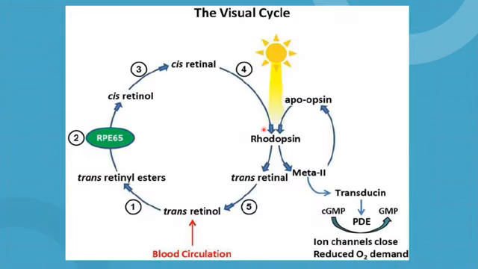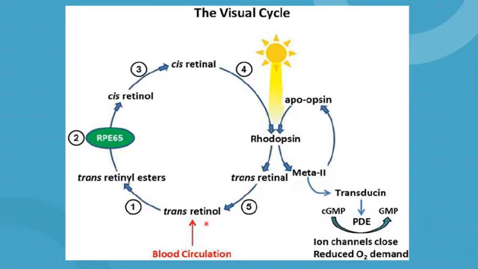So the visual cycle. The cycle starts with all trans retinol, which is released from the rhodopsin. By bleaching, the all trans retinol is released, and some part of the all trans retinol will also come from the systemic blood circulation.